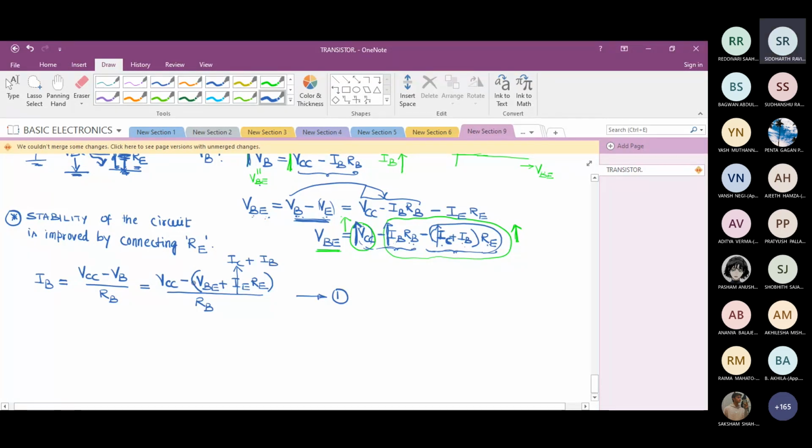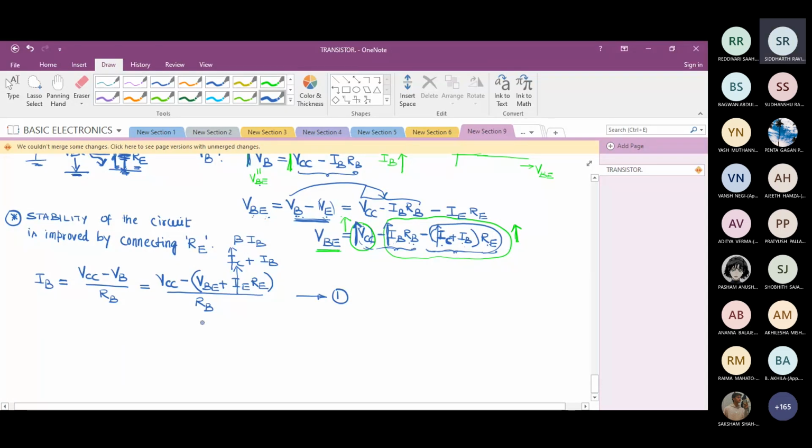IC, can I write it as beta times IB? Now the only unknown in the entire equation is IB. You can just check. Left hand side is IB. Right hand side you find VCC, VBE, IB and RB. Yes or no?